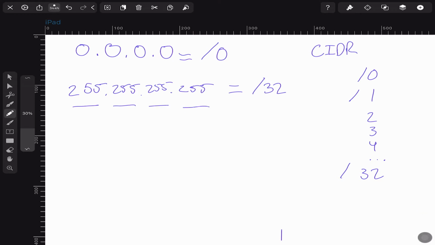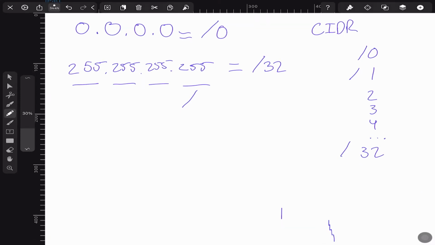They're called octets because of octet, octagon, oct, that's 8. So what you're looking at here is 1, 1, 1, 1, 1, 1, 1, 1. You're looking at 4 ones, and over here, what you're looking at is 4 zeros.